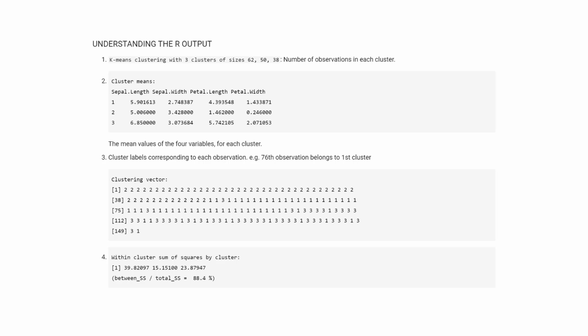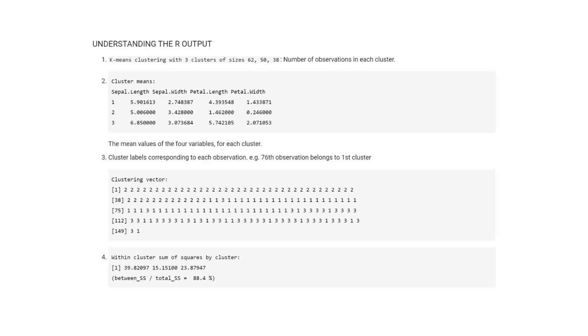For example, for the first cluster, the sepal length is 5.90, the sepal width is 2.748, the petal length is 4.39, and the petal width is 1.43. Next we have the clustering vector, which shows the cluster labels corresponding to each observation. For example, the 76th observation belongs to the first cluster.